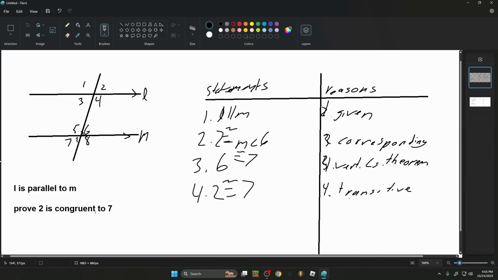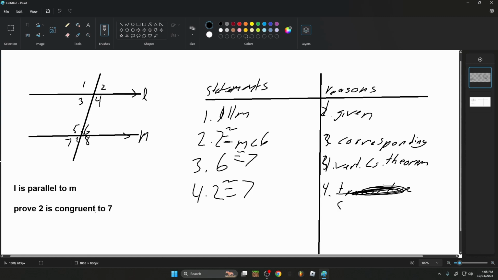So instead of doing that, why not just use substitution? Much easier. We already knew 2 is equal to 6 and 6 is equal to 7. So why not just replace the 2 for the 6? So 2 is equal to 7.